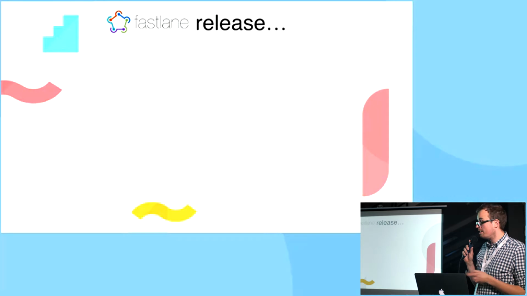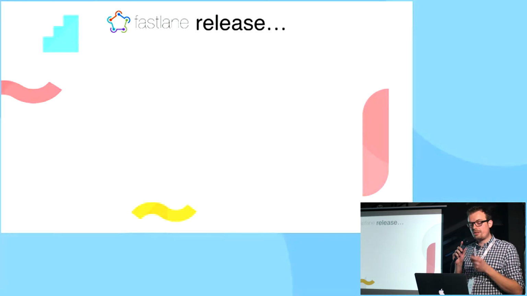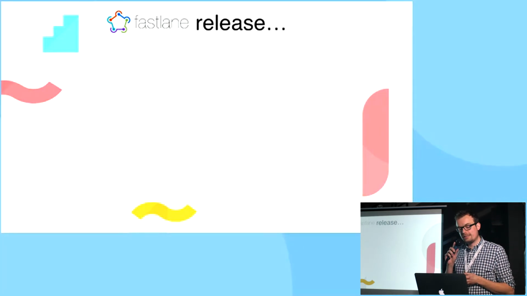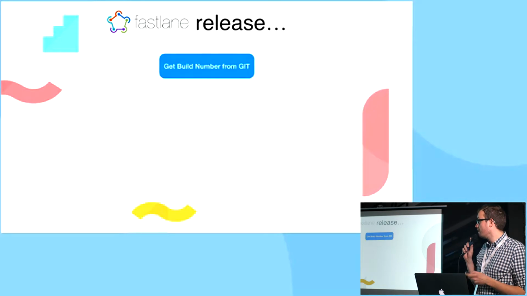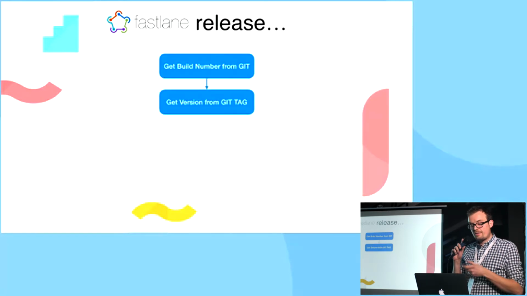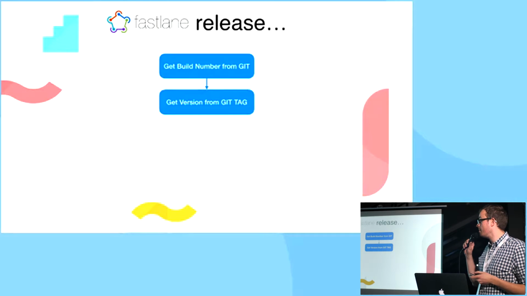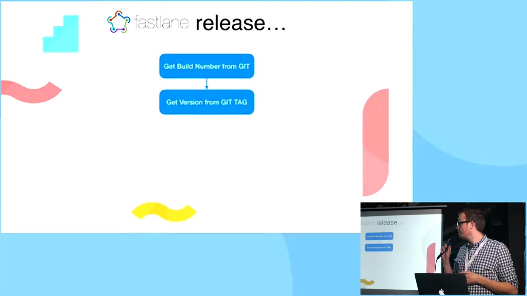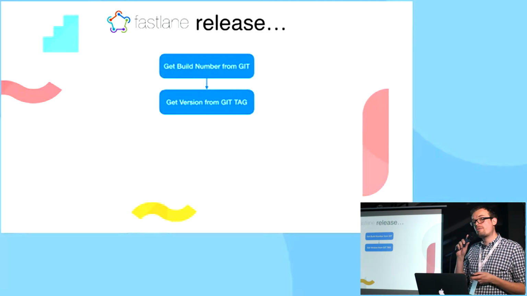The last and directly usable type is to release the app to the client, and it does the following. First, it gets the build number from Git, and it does so by just fetching the number of commits in the current branch. Then it gets the last Git tag, and it calculates a version from it.